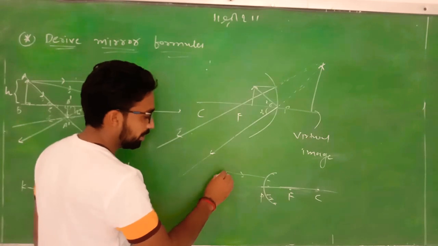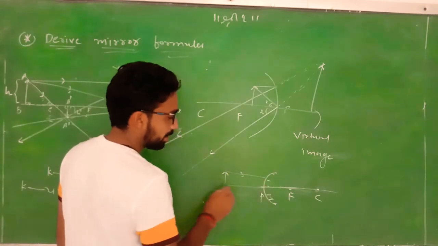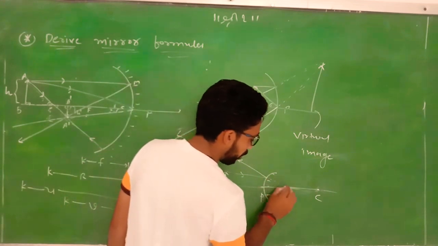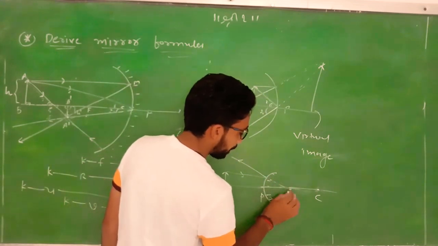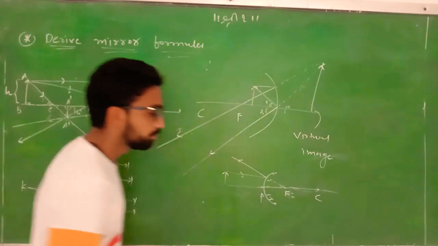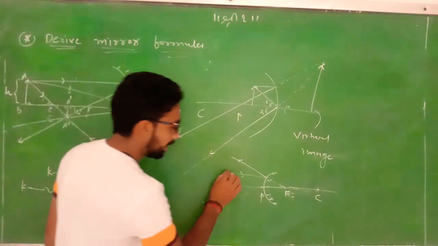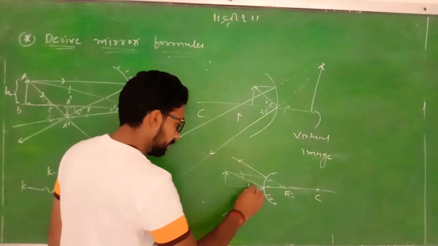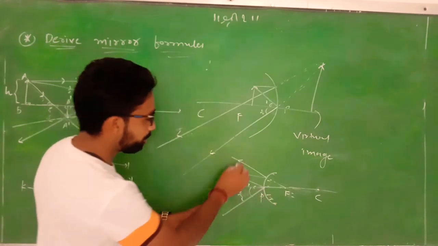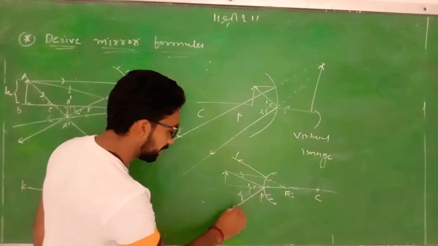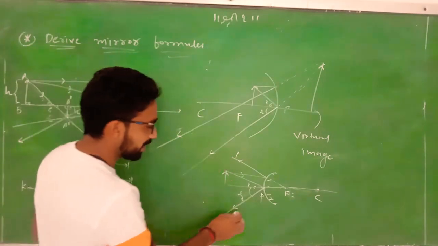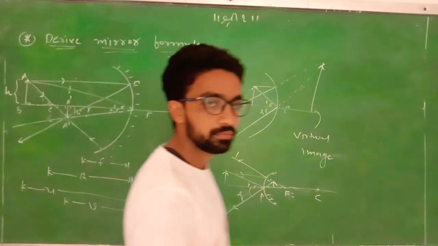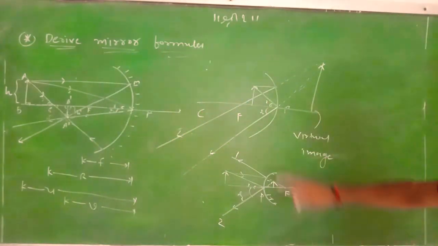When the object is here, the parallel ray after reflection appears to come from F. Consider one more ray that is incident at angle I. After reflection, the ray goes here. So this is the first reflected ray, this is the second reflected ray. These both intersect when extended on that side. So this is your image. This is for convex and the earlier one is for concave.